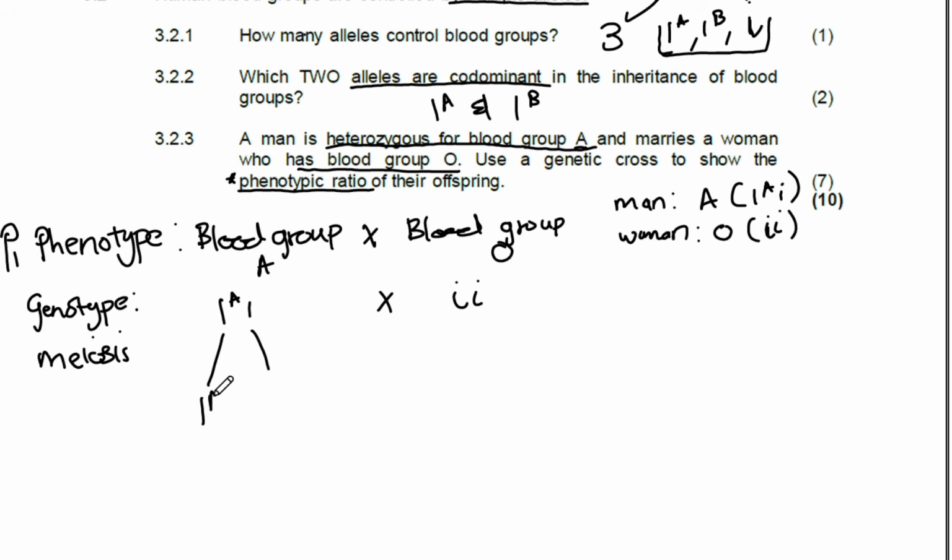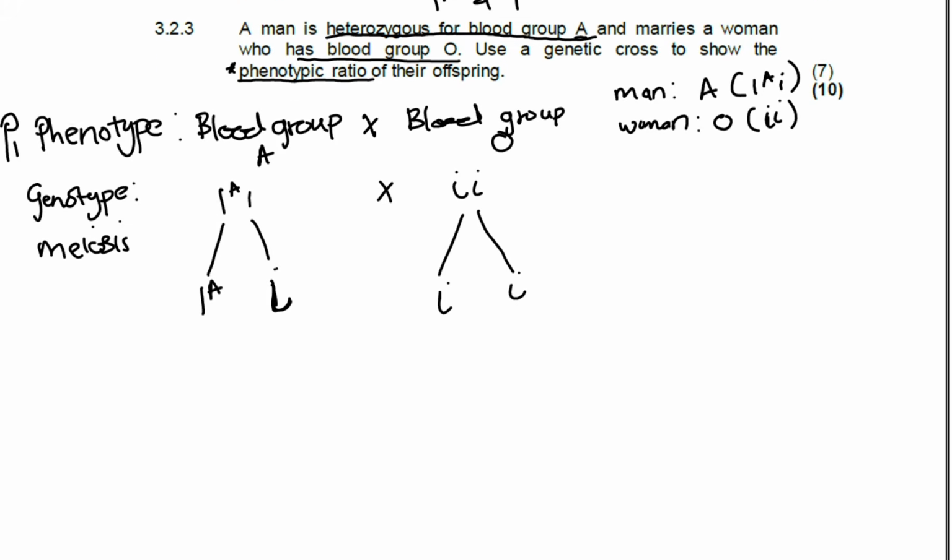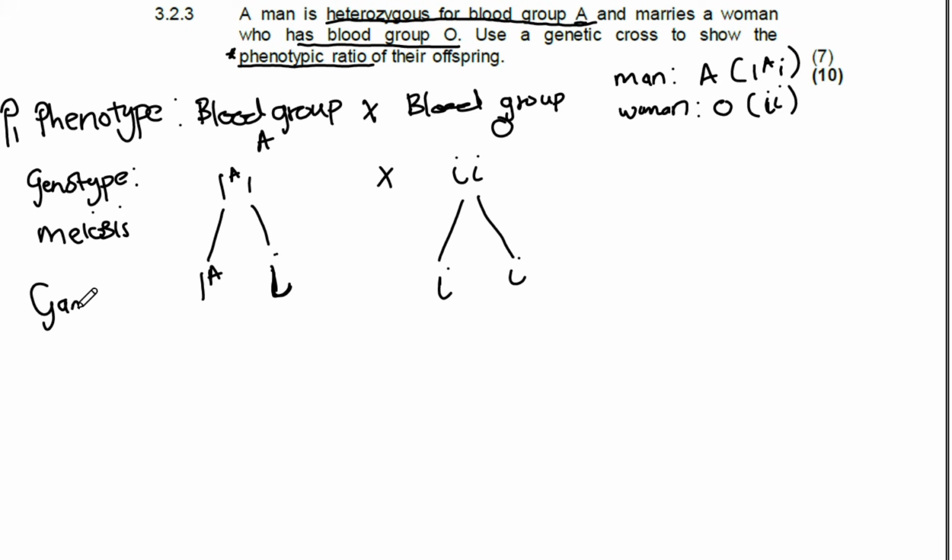You then have IA and i separated, small letter i, small letter i. So this one can also be written out like this. Then these will obviously be your gametes. Fertilization will then take place.